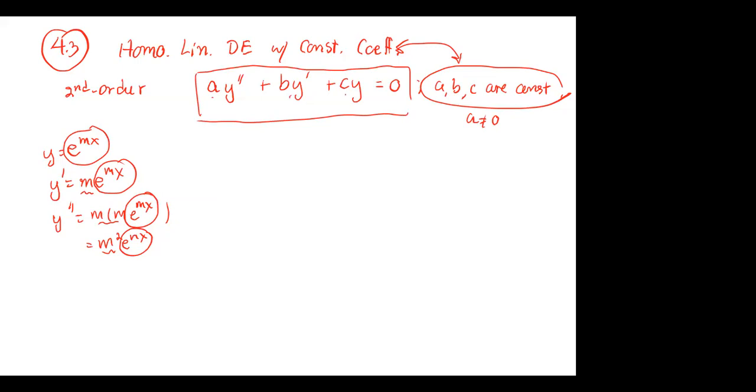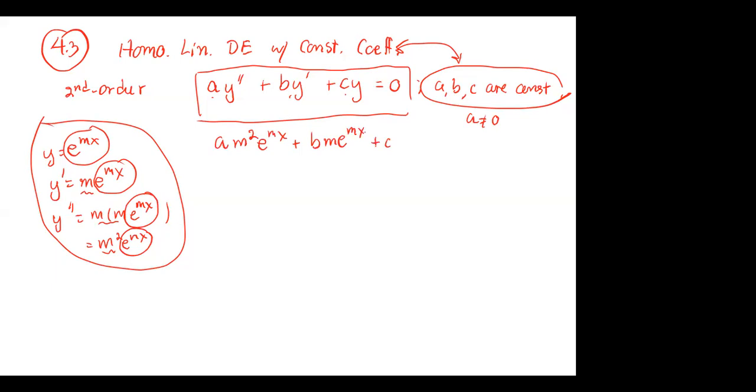So from this guess of the solution, y equals e to the mx, we claim it satisfies the equation. That means the left-hand side equals the right-hand side. So a as a coefficient times y double prime, which is m squared e to the mx, plus b times y prime, which is m e to the mx, plus c multiplied by e to the mx equals 0.